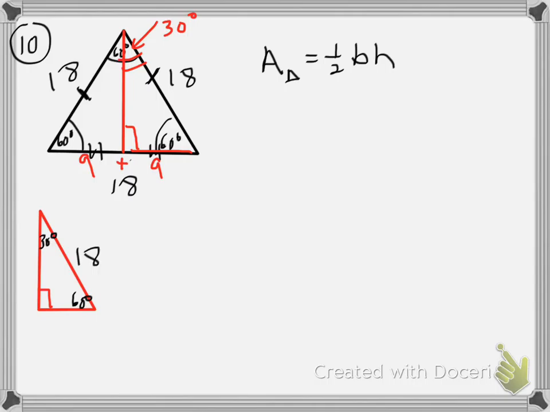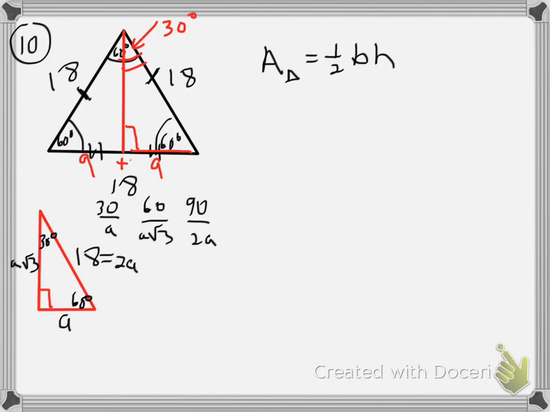So we can start labeling it with our 30, 60, 90 rule. Across from 30 is a, down here. Across from 60 is a root 3, and across from 90 is 2a.